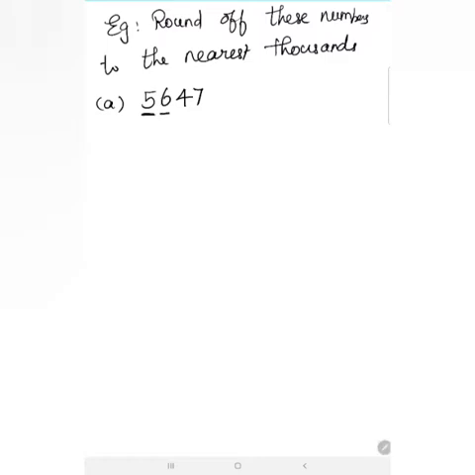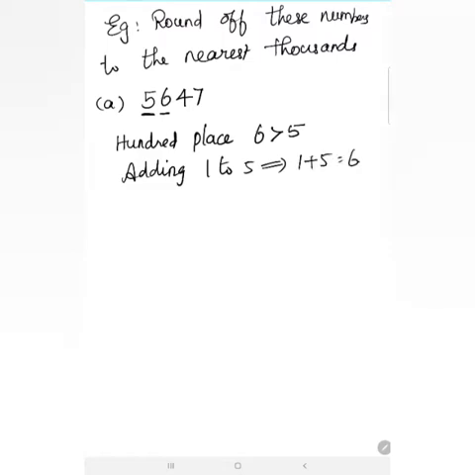The hundreds place is greater than 5, so you have to add 1 to the thousands place. 5 plus 1 is 6. So the digit changes to 6.